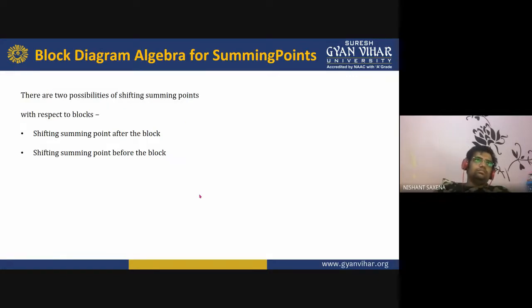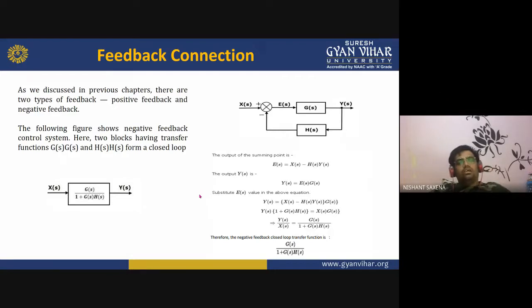Now, there are two possibilities while resolving the block diagrams, or when we are discussing the block diagram reduction techniques. Sometimes it is demanded during the reduction that we have to shift one block from one side to another side.